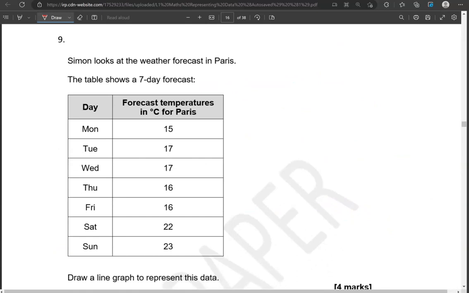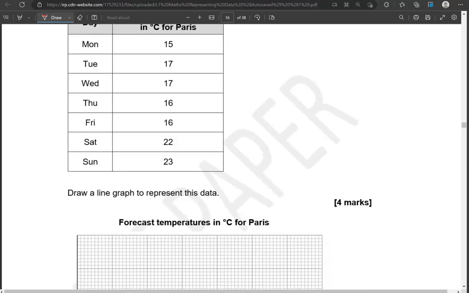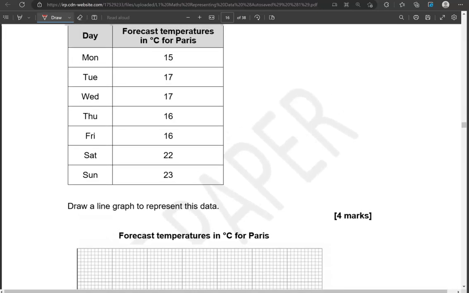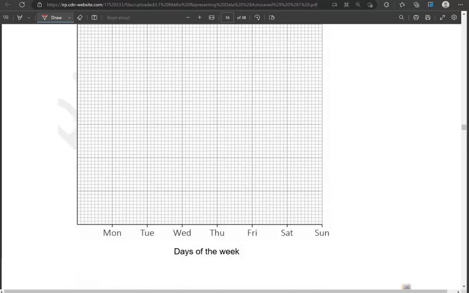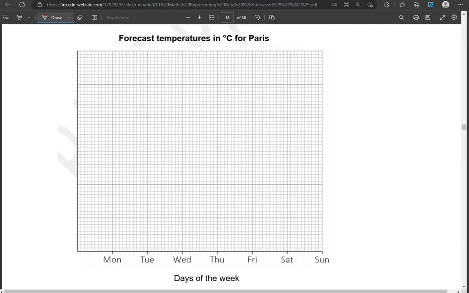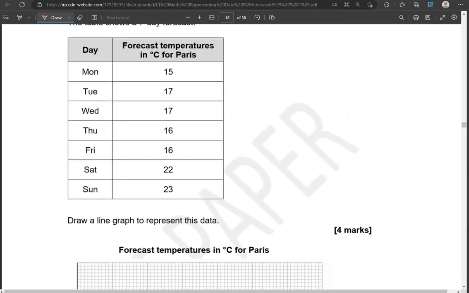Summer looks at the weather forecast in Paris. The table shows a 7-day forecast. Draw a line graph to represent this data. So again, it's a line graph and time should go at the bottom, should be represented horizontally. So you're going to have day and then from Monday to Sunday shown here. It seems like it's been done already, which is quite helpful. Now vertically, we'll show forecast temperatures in degrees Celsius.